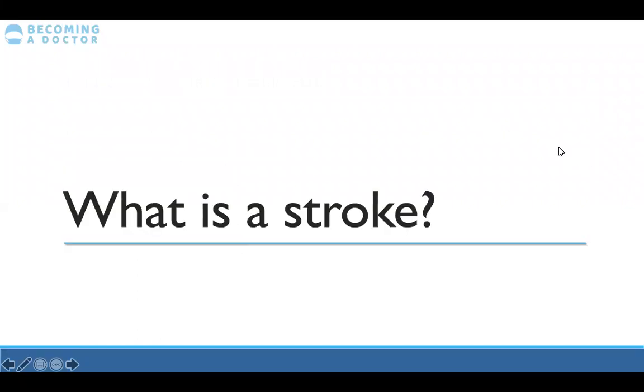So when we start off, we need to define what we're talking about. What is a stroke? Any ideas from anyone at this point? Just pop it in the chat, that's fine. I'll wait about a minute for answers.